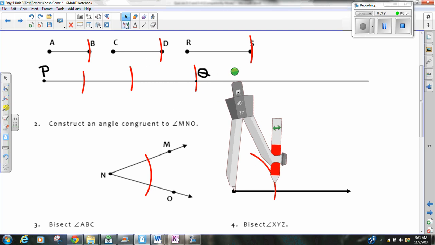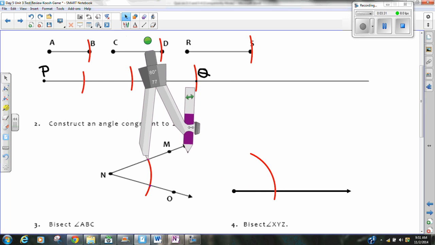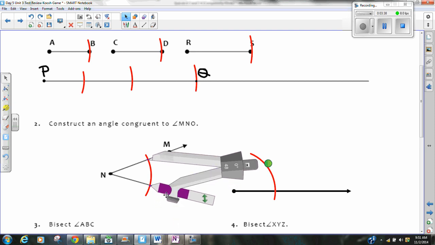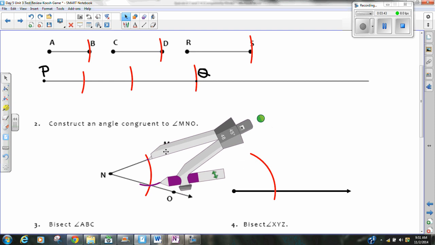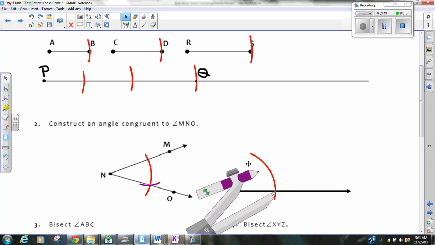As you can see, that arc made 2 points right here. 1, 2. So I'm going to take my compass, come over here, and measure. That's way too big, so I've got to squeeze it in and measure where those 2 points intersect. Then I'm going to come over here and do the same. I have to go at the bottom point here, come around, and make an arc mark.